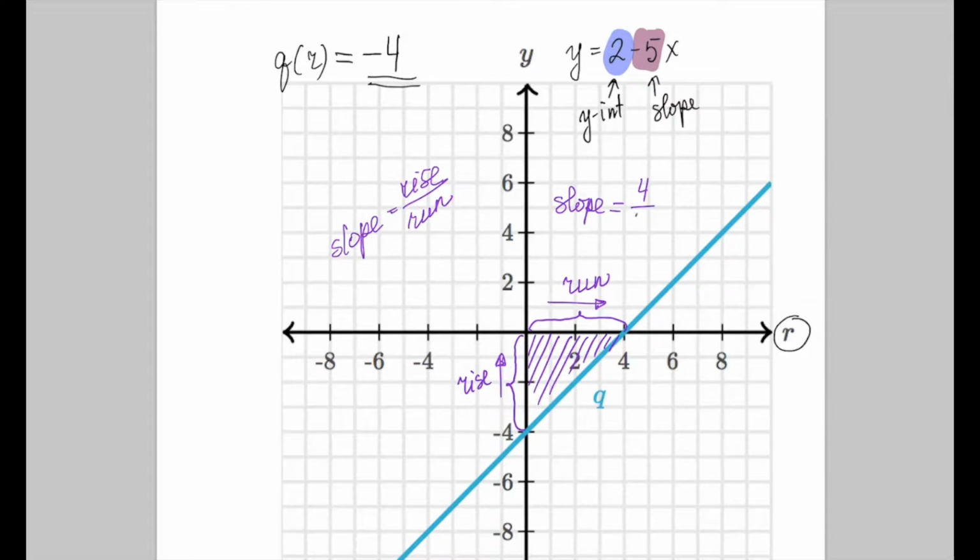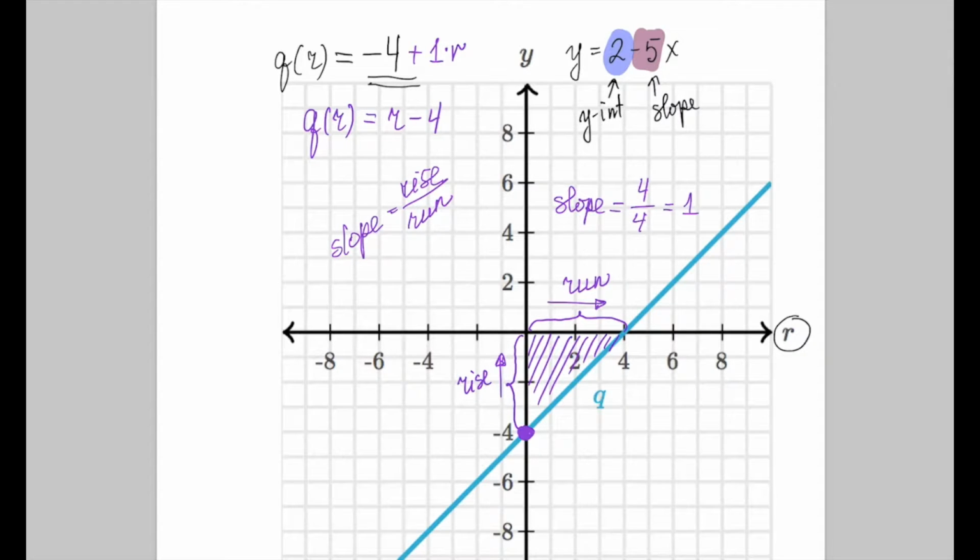So it's 4 over 4, which is 1. So then my function is -4, which is my y-intercept, plus 1 times r, which is usually written as q of r equals r minus 4.